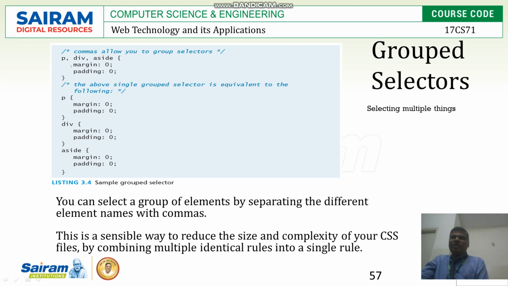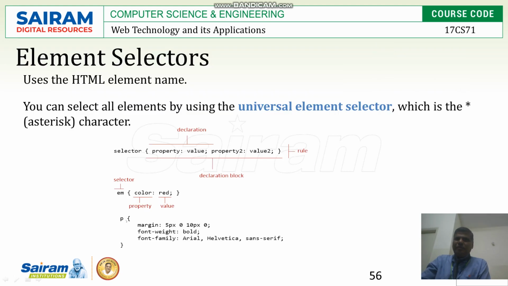See here, grouped selectors. Wherever paragraphs are there, this gets applied. Wherever you write paragraphs inside the HTML page, these formats get applied over there. That's why the star is there.